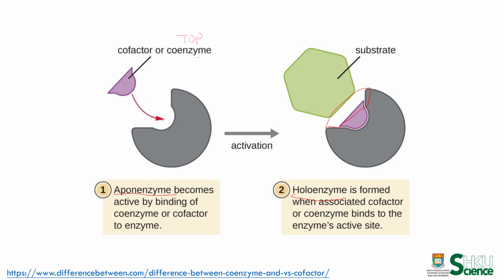TDP is a coenzyme, and therefore you will now see the importance of the structure of TDP. Without the correct structure, once you bind to the apoenzyme, number one, it might not bind correctly. Number two, even if it binds, the shape here might not be correct, such that the binding site is not going to be in the correct form.